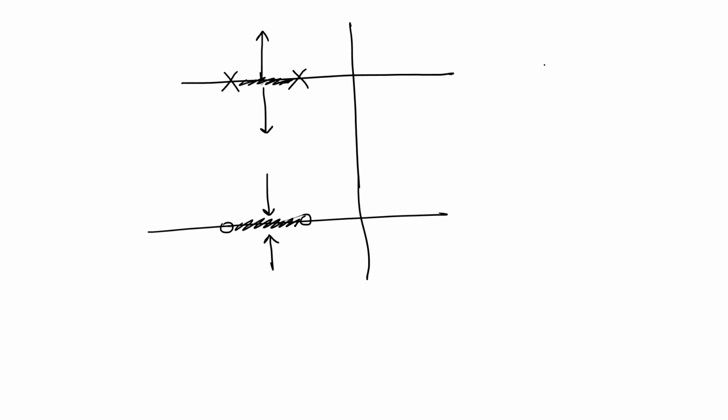And this is most important, the third one. Whenever a zero is there, and to the left of that zero there exists a root locus branch up to infinity, then there is a break-in point.